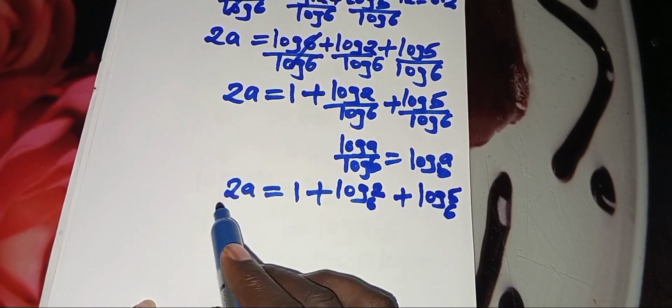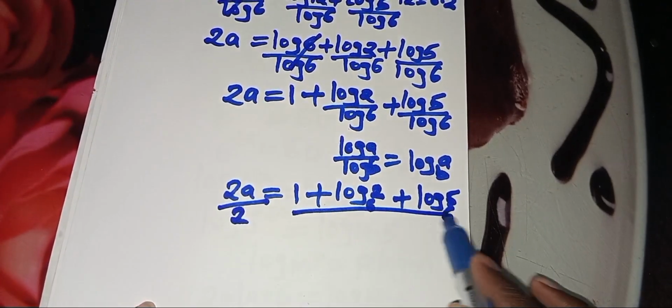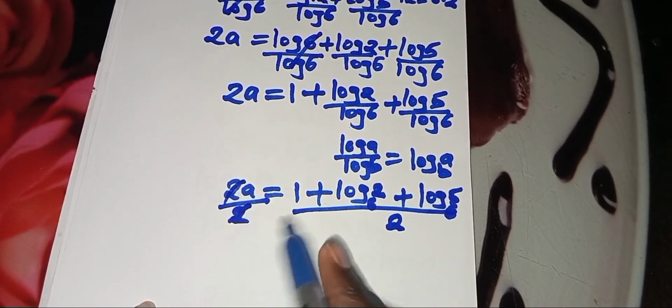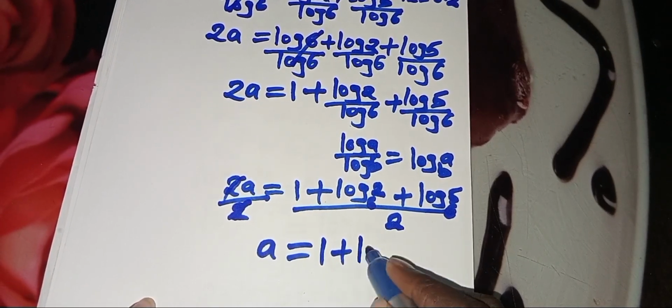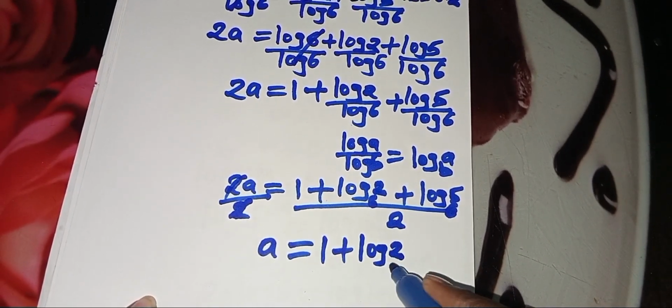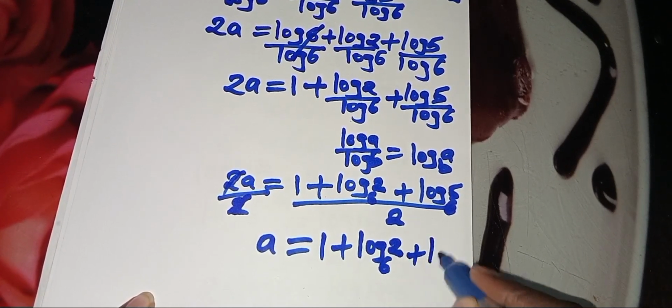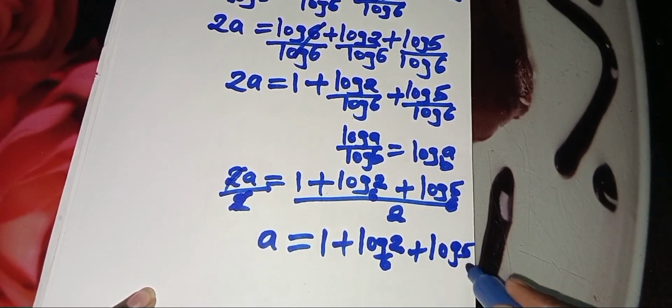To find the value of a, we divide everything by 2, so that the value of a is equal to 1 plus log 2 to base 6 plus log 5 to base 6, all divided by 2.